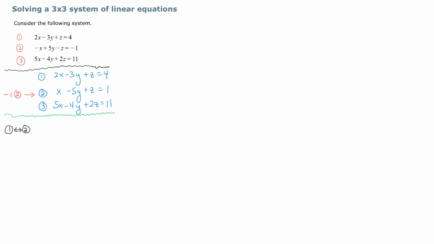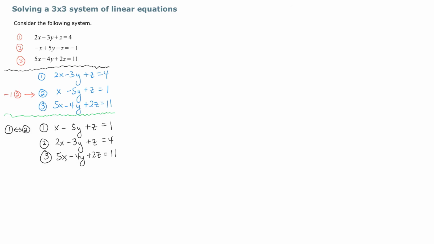And now our new equation 1 has changed. It's going to be x minus 5y plus z is equal to 1. Our new equation 2 has changed as well. And our equation 3 has remained the same: 5x minus 4y plus 2z is equal to 11.